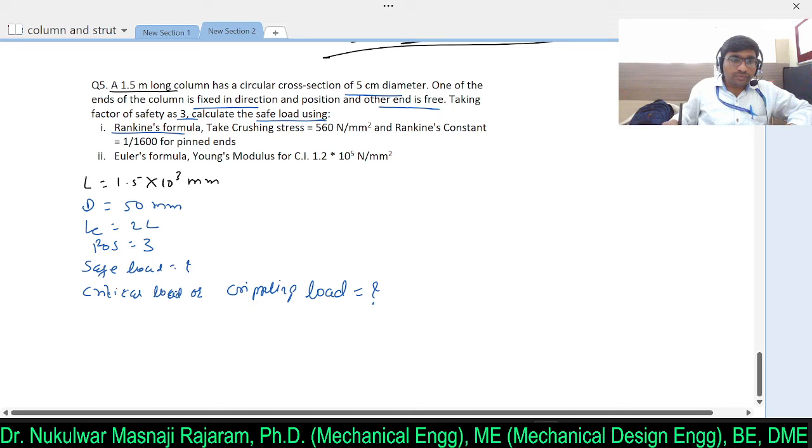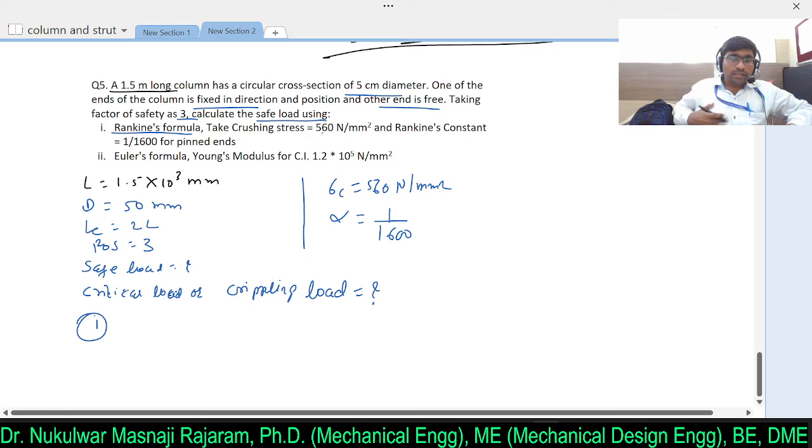So first we will use the Rankine formula. The crushing stress sigma c is given as 550 Newton per mm square, and the Rankine constant alpha is given as 1 upon 16,000 for pin end.